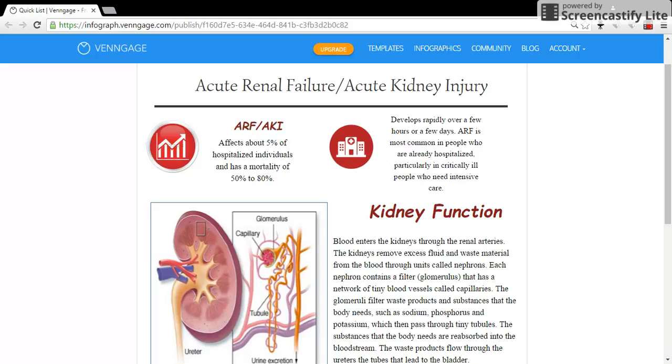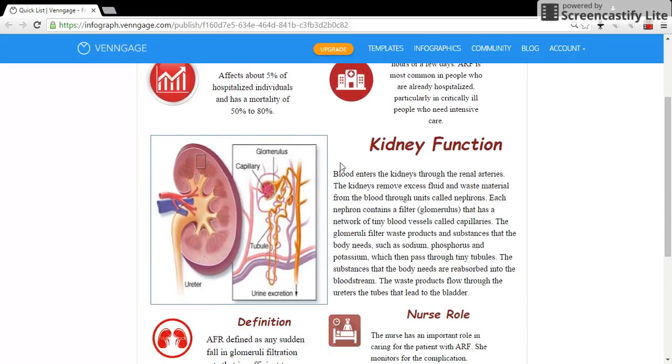Now, before we go to the definition of acute renal failure, let's review the normal function of the kidneys to help you understand the pathophysiology of the disease. So, kidney function, normally: blood enters the kidney through the renal arteries. The kidneys remove excessive fluid and waste materials from the blood through units called nephrons.